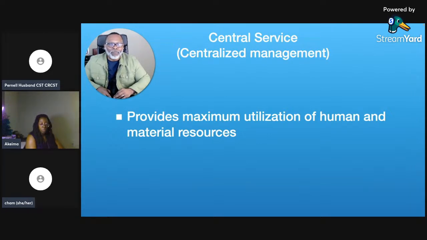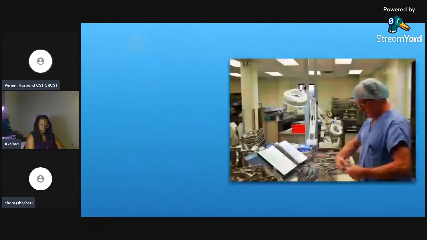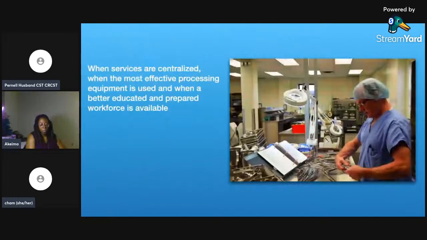All right. So central service is that department in the hospital that does this critically important work. So this type of setup, centralized management, provides maximum utilization of both human and material resources. Having these activities centralized eliminates duplication of equipment, utilities, space, and personnel.